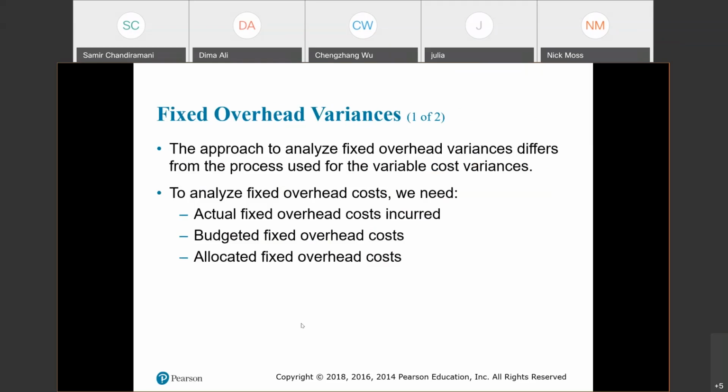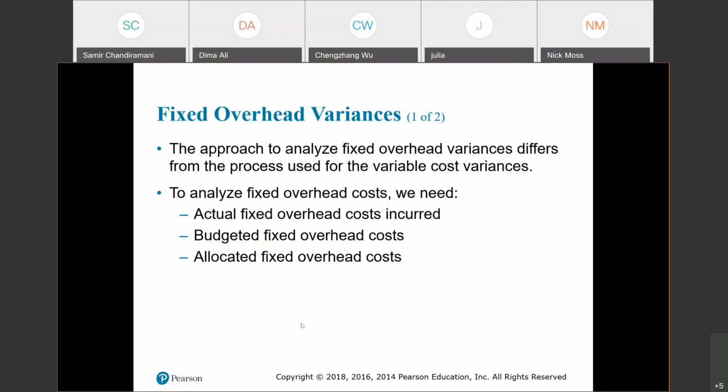You need to remember that fixed costs are not expected to change in total within the relevant range, but the per unit fixed overhead changes when there is a change in volume.